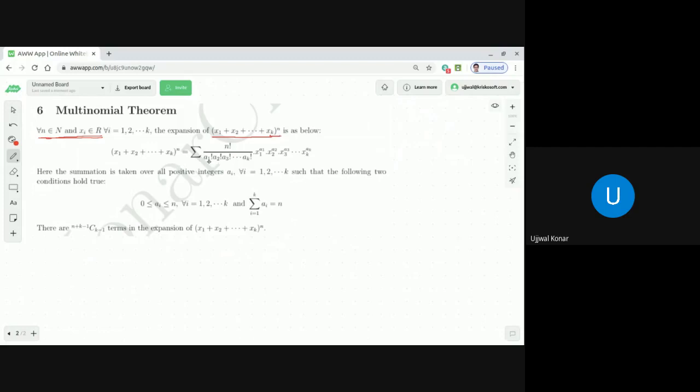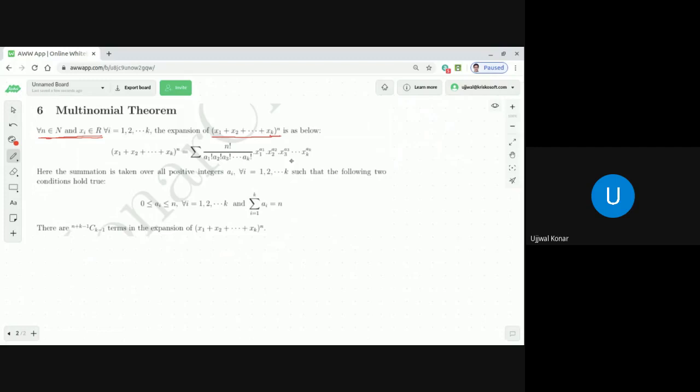It is a summation of factorial n by factorial a1, factorial a2, factorial a3 up to factorial ak, into x1 power a1, x2 power a2, x3 power a3 dot dot dot up to xk power ak.